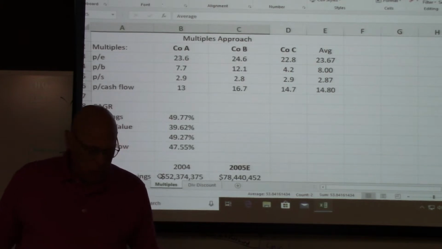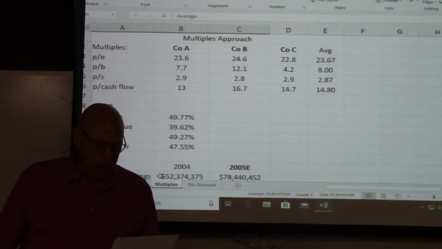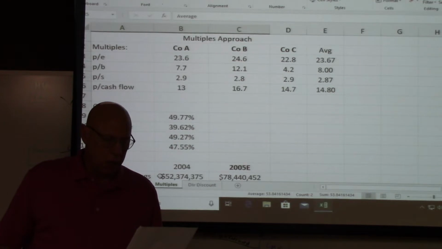Okay, and pros and cons. The pro is that you're using market data, and it's simple to use the multiple approach. And the cons are it can be a little too simple, and you really have to take a close look at risks and growth rates for each company that participates in the peer group.